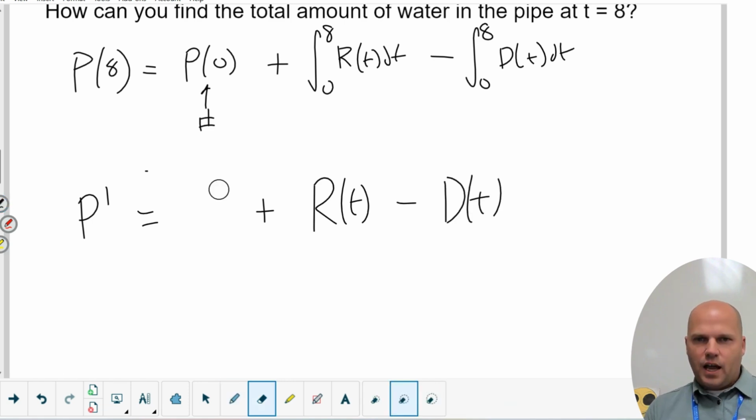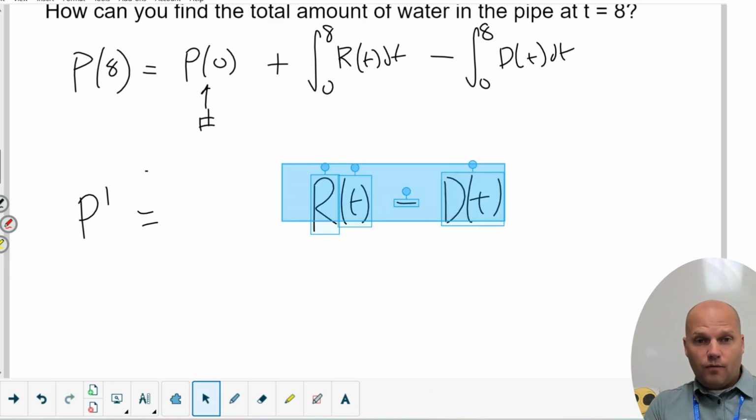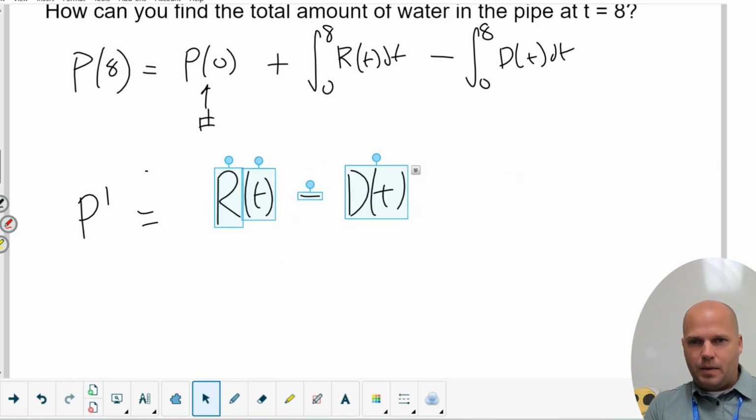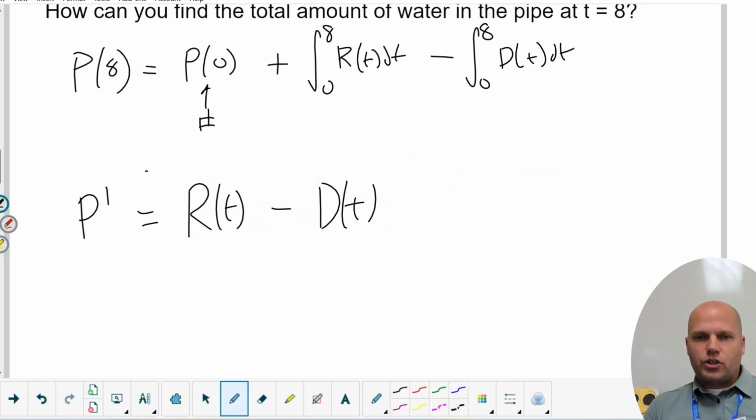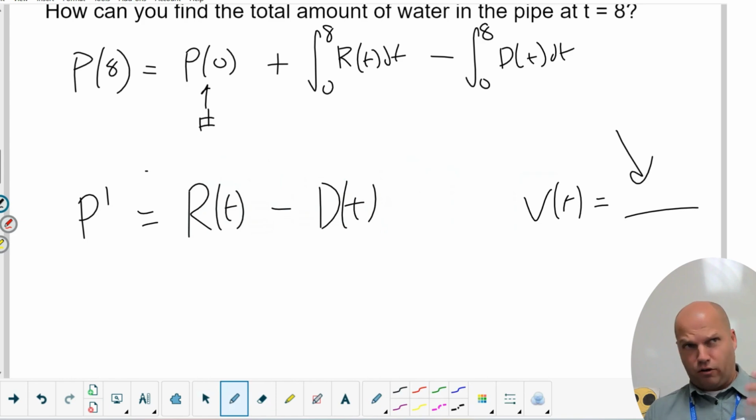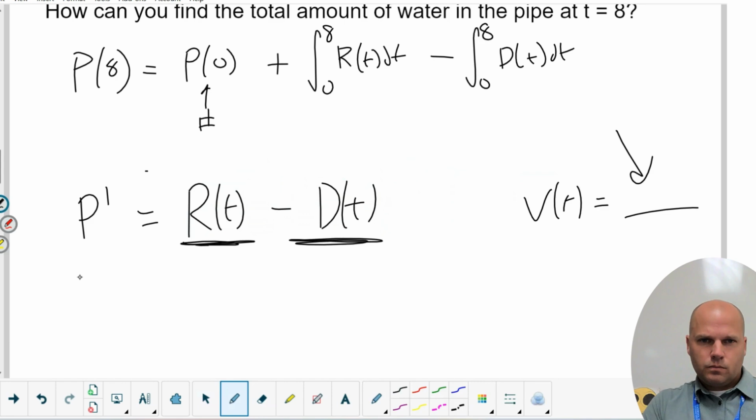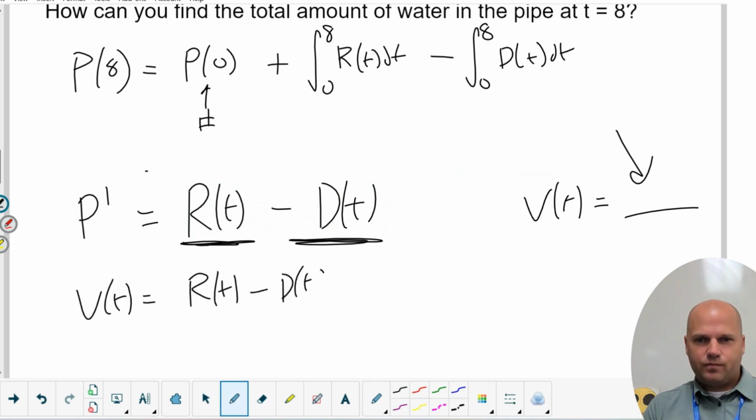All of a sudden, I have this equation for the velocity of the water in the pipe. Now, this is different. Last unit, you were used to just being given the velocity. You'd say, cool, let me just graph the velocity. Well, now since there are two different rates of change going in at once, we have to subtract them. And now we have this idea that my velocity is my rate in minus my rate out.